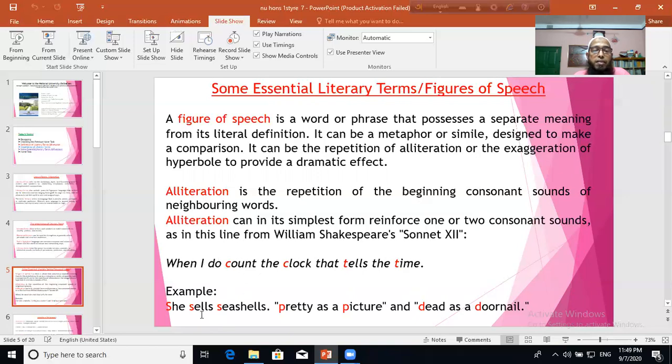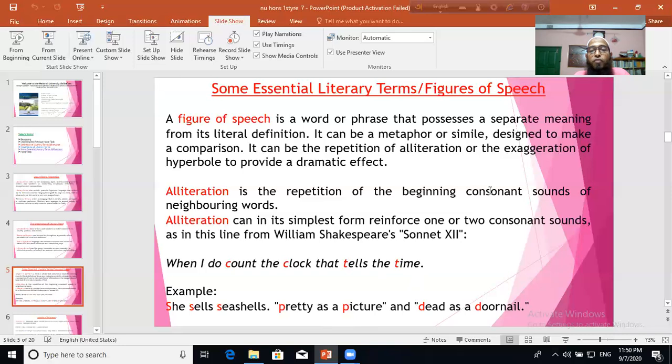More examples: she sells seashells, pretty as a picture and dead as a doornail. She sells, so the sa sound has been repeated. Sa, sa, sa. She sells seashells. In this phrase, pretty as a picture, beautiful like a picture, and dead as a doornail, the da sound has been repeated.